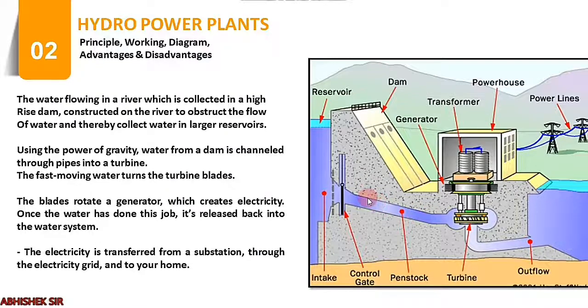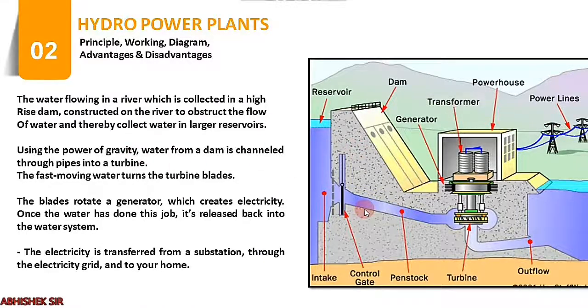Then why are we making it narrow? Because the narrower the path is, the faster the water speed will be. The water goes over here and rotates the turbine, and after rotating the turbine the water goes into the outflow region, right? So the only work we took from the water was to rotate the turbine. The turbine is connected with a generator and it produces electricity, then from power lines and transformers it goes.